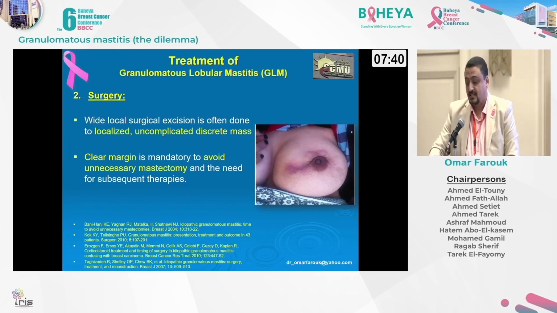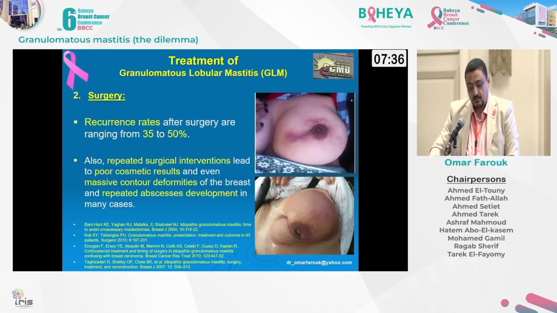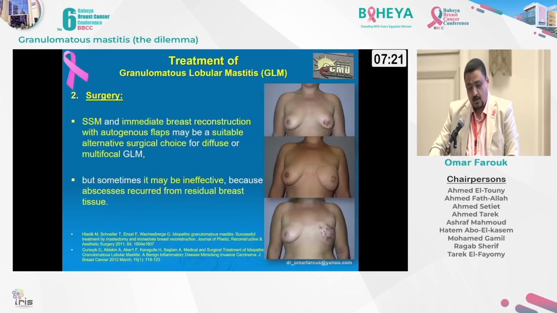Clear margin is mandatory to avoid unnecessary mastectomy. However, the recurrence rate ranges from 35 to 50%, and repeated surgical intervention, poor cosmetic results, and even massive contour deformities of the breast and repeated abscess development may occur, as you see in these photos from Mansoura.